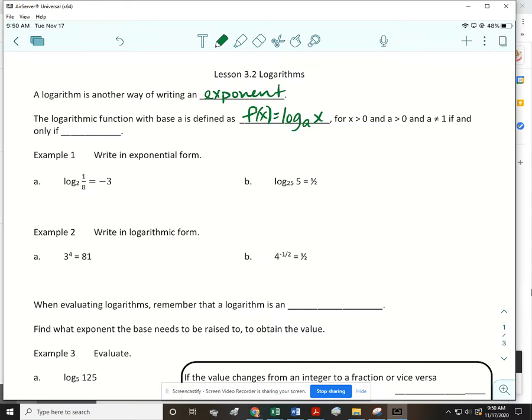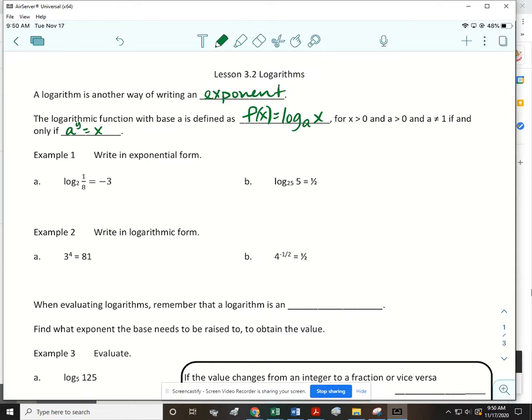A, the base, also must be greater than 0, and a cannot equal 1. And that translates to a raised to the y equals x. Right? So that's just showing the relationship.